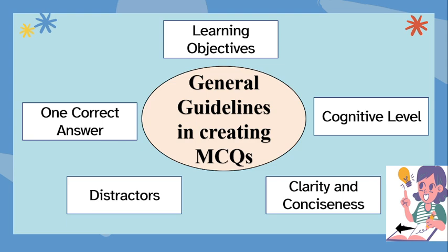If we are going to use the modified true or false, which is the multiple choice answers, we have to put multiple correct answers. But if we are going to only use the traditional or the common type of format, we have to make sure that we are going to provide only one correct answer.